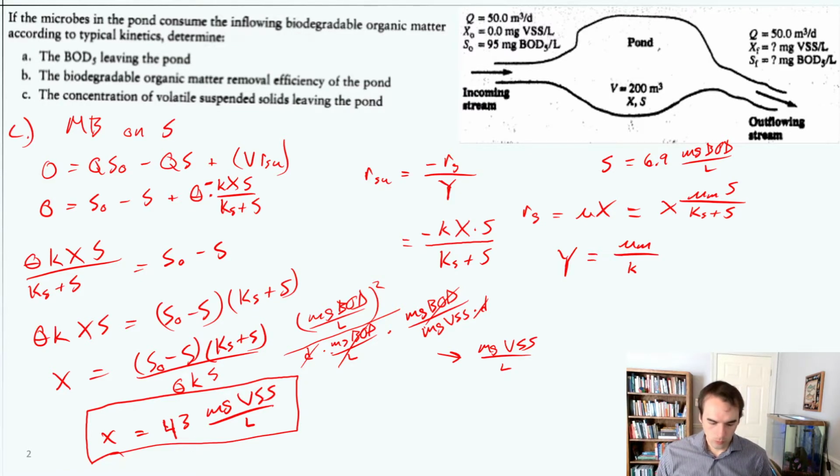Okay, so my expectation for you is to understand that these equations that we derived are specific to this case where we have a pond-like system, no recycle, CSTR, bacteria growing, consuming substrate, with zero incoming bacteria.